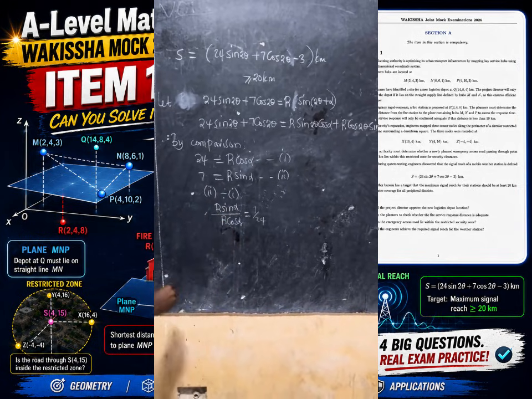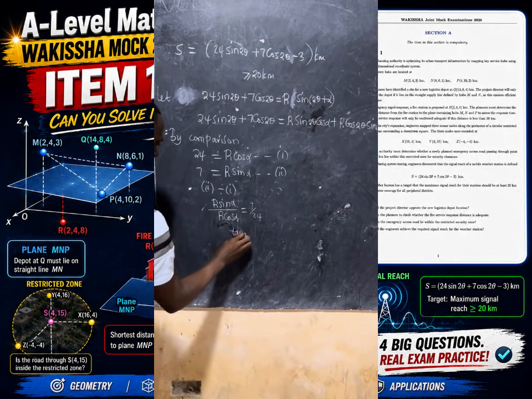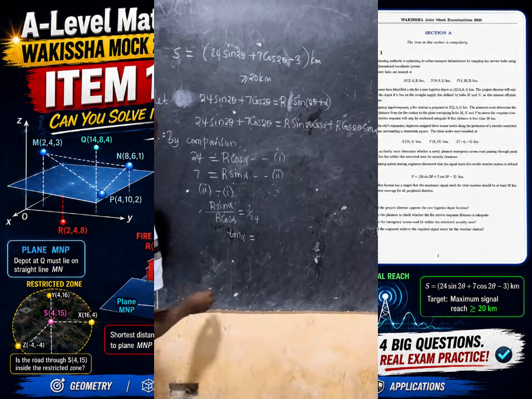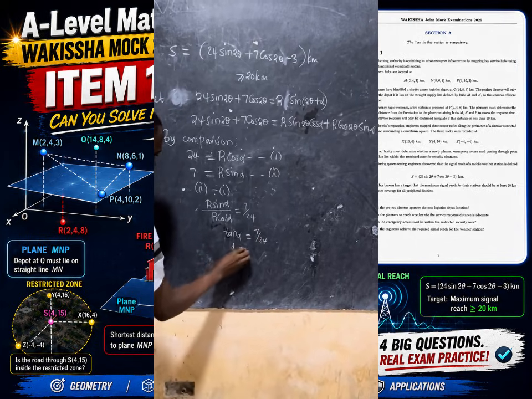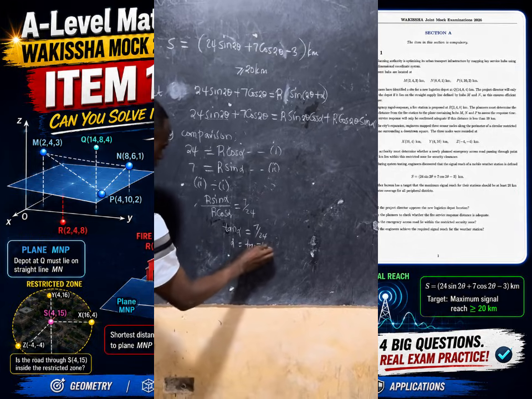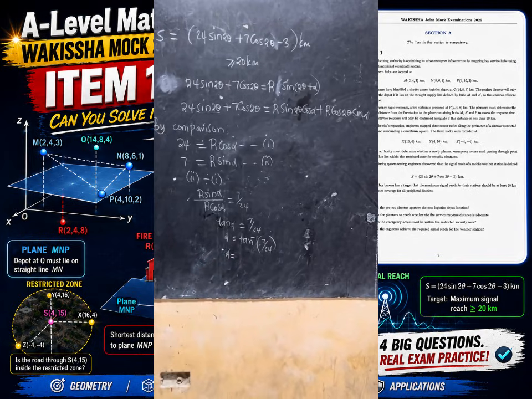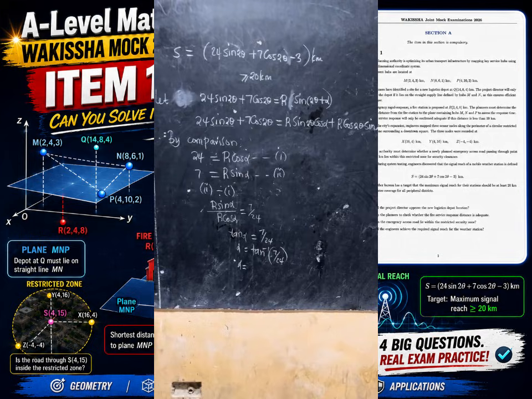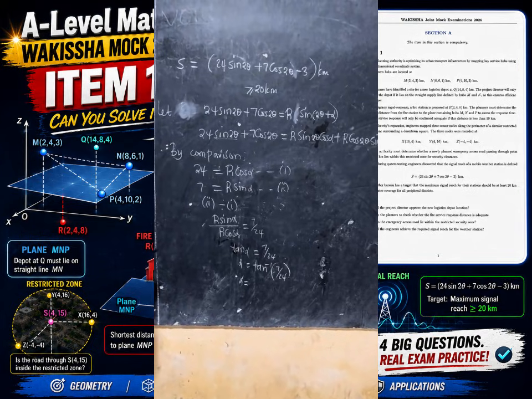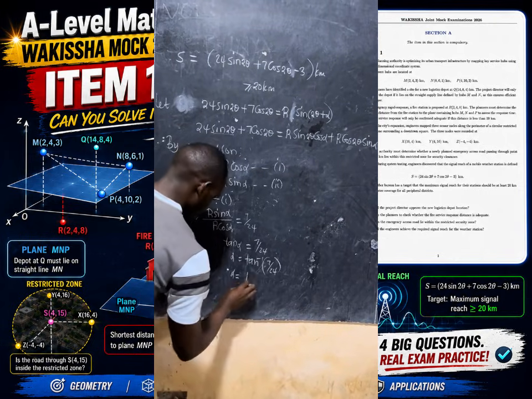Yes, we shall have a cotangent, but getting a cotangent on ordinary calculators might seem to be hard. So I will say tan alpha is equal to 7 over 24, and alpha will be the arctan of 7 over 24, which from our calculators, which are supposed to be in degrees, will give us 16.26 degrees.